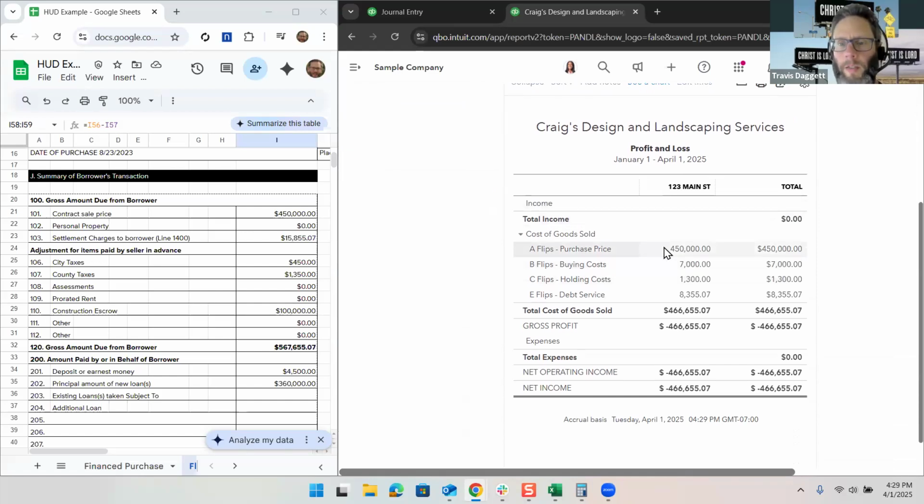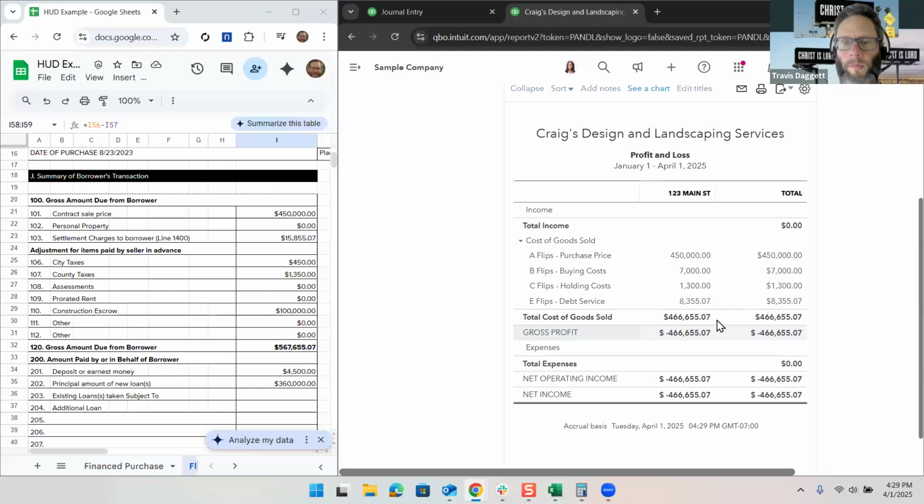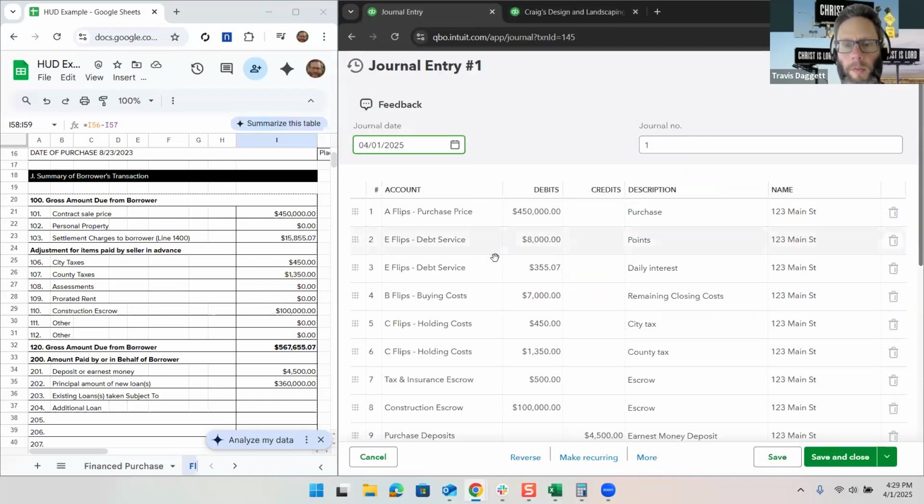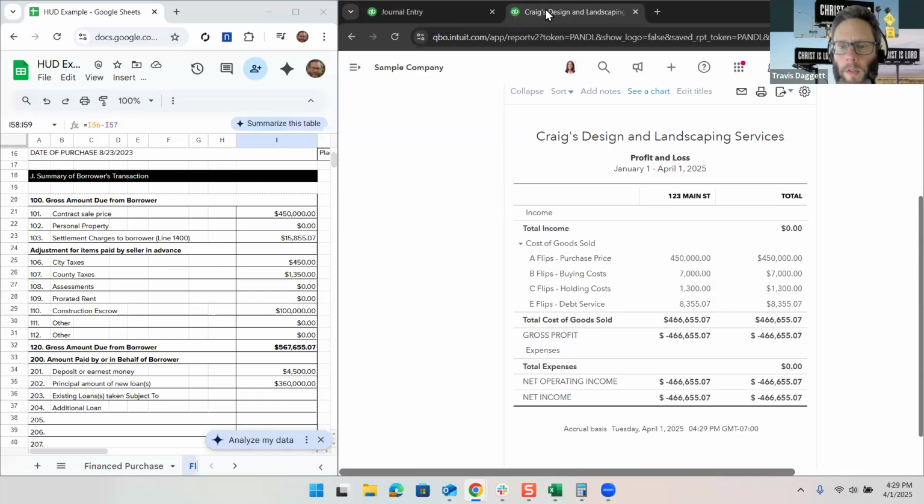This makes a really clean way to see everything too, and you can sort by customer. We have our purchase price, our buying costs, holding costs, our debt service. What's the rest of it? Let's see. The purchase price, debt service.